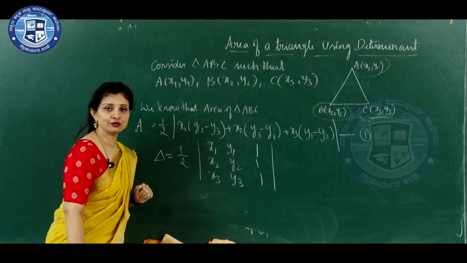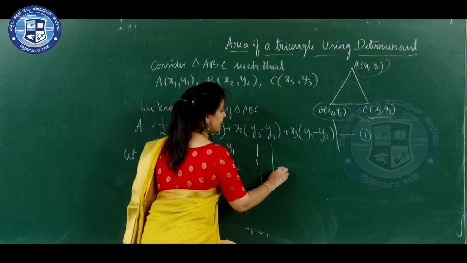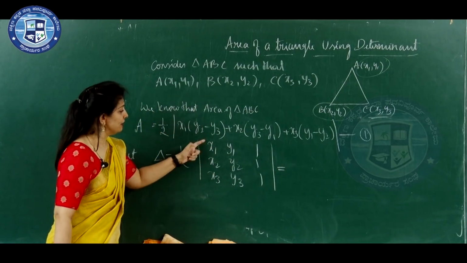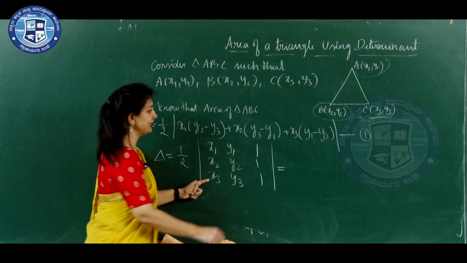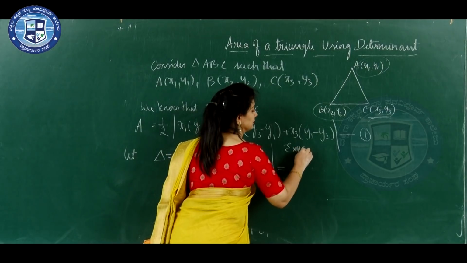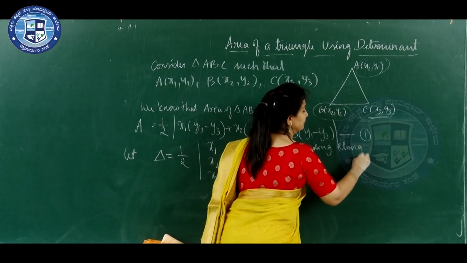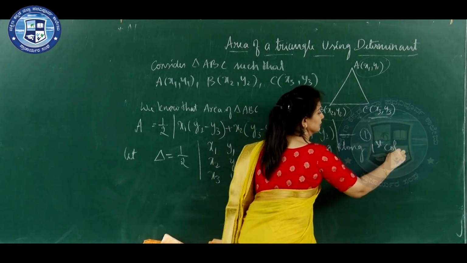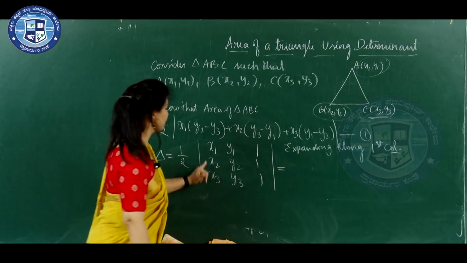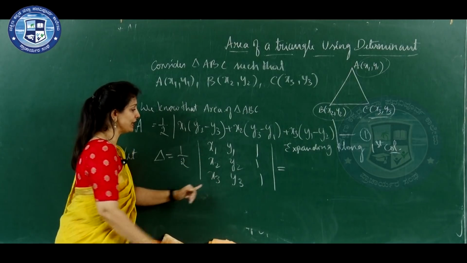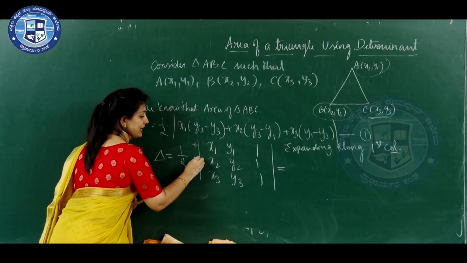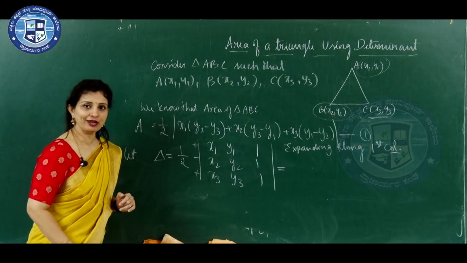Half into determinant value. If you expand it, we will expand it along the first column. First column elements are x1, x2, x3. As you know, you need to apply plus minus plus sign when you expand.